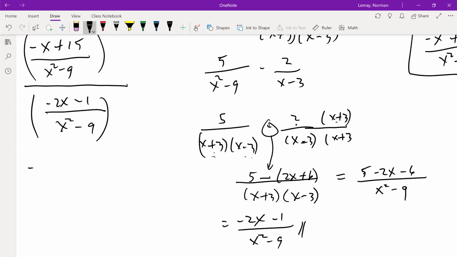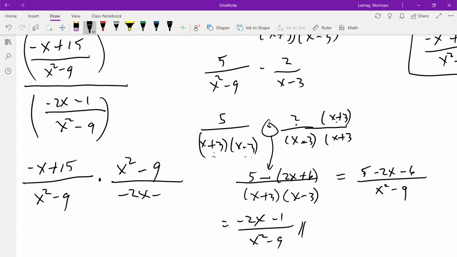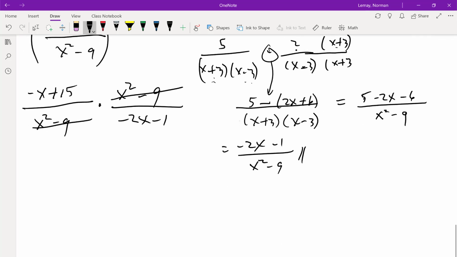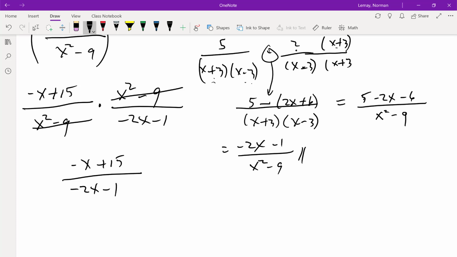So our top part, minus x plus 15 divided by x squared minus 9, times, now we invert this, x squared minus 9 divided by minus 2x minus 1. So these guys cancel out. So we're left with minus x plus 15 divided by minus 2x minus 1. And that's what we end up with.